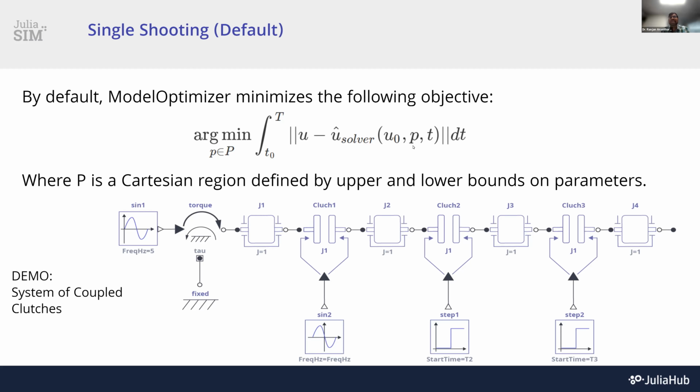Given a prediction for a parameter, you try to solve the system, and you see if the solution matches data. This regular U here is the solution given by data, and this U solver is the solution that you've estimated.